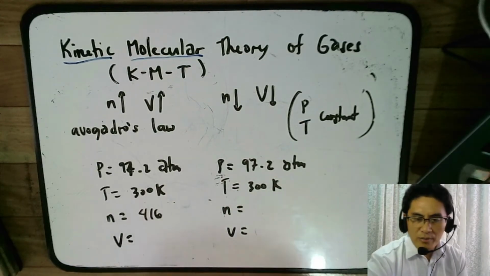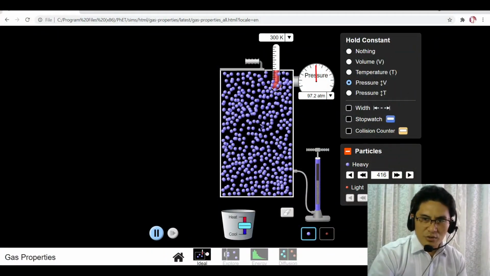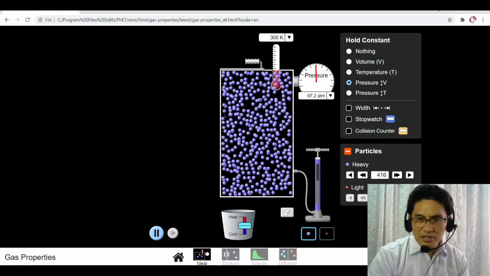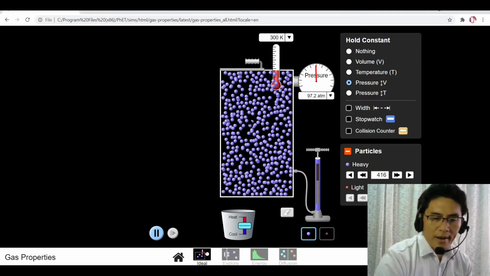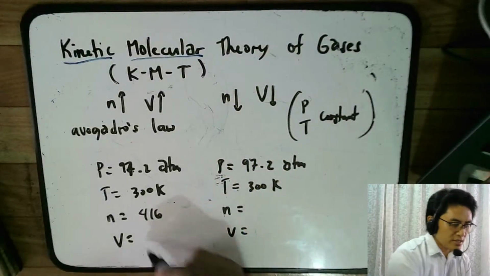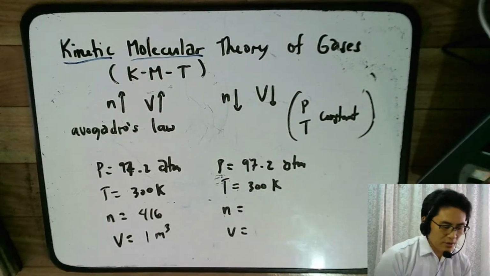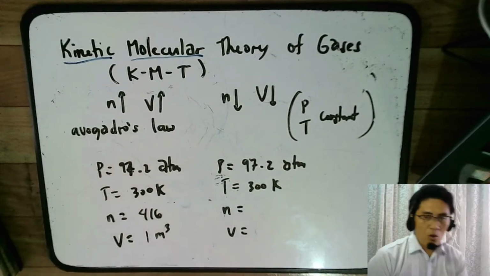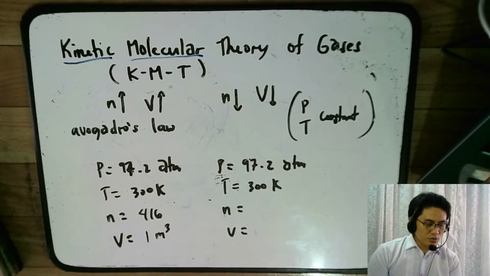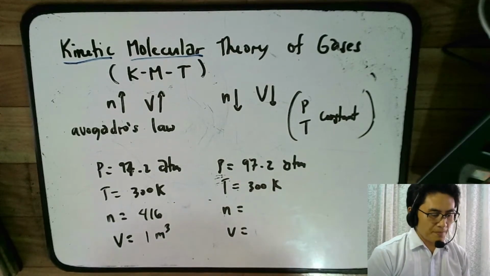The volume here is not that clear because there's no measurement, but let's just assume it is 1 cubic meter, so that it's easy to calculate. Then let's see if it increases to twice the size, decreases to half its size, and so on.